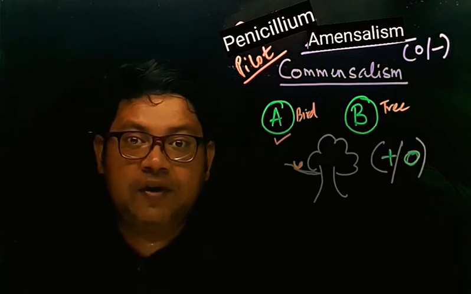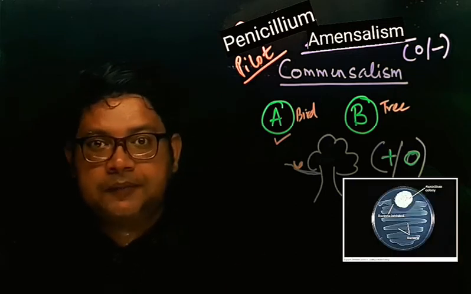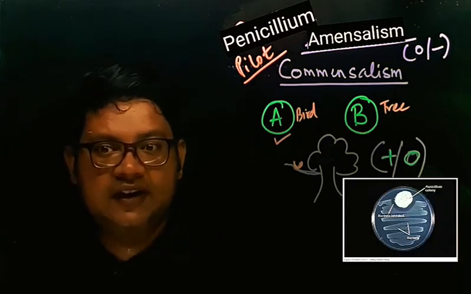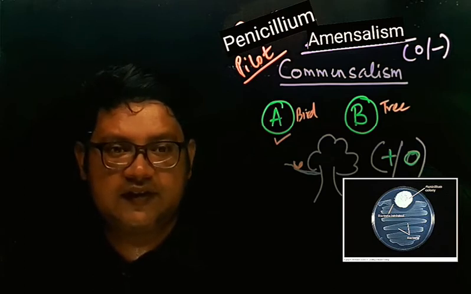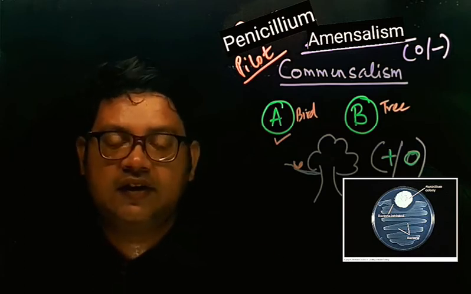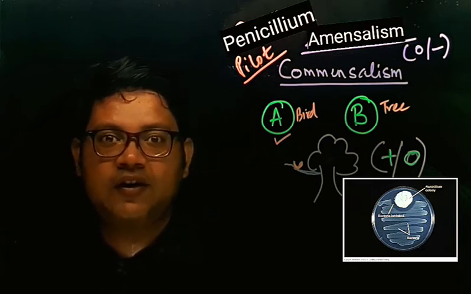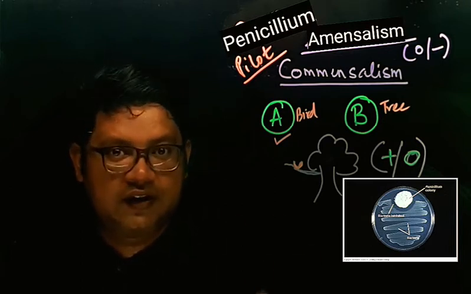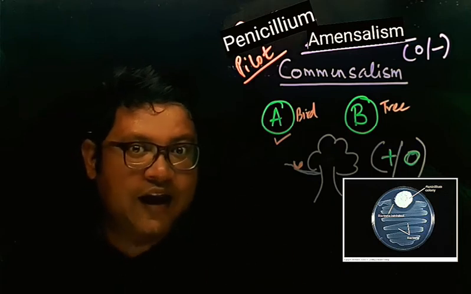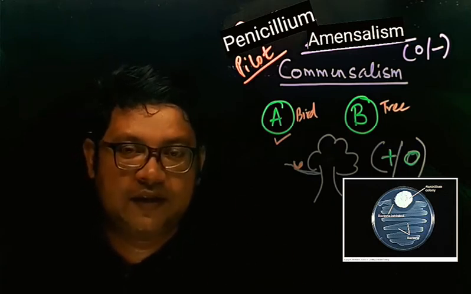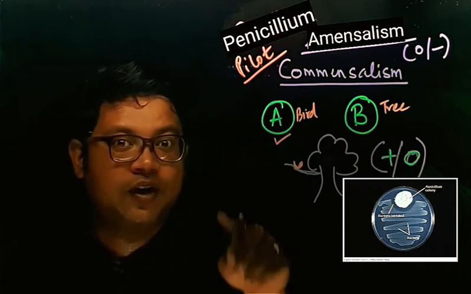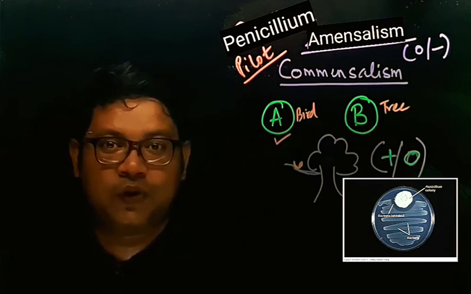So what is happening over here, you can see in this picture. You will see that the penicillium is present, this thick white colored thing is the penicillium, and you can see the bacterial colonies are not growing around it. There is a small clear zone around this white penicillium. Those are the zones where the bacteria cannot grow.